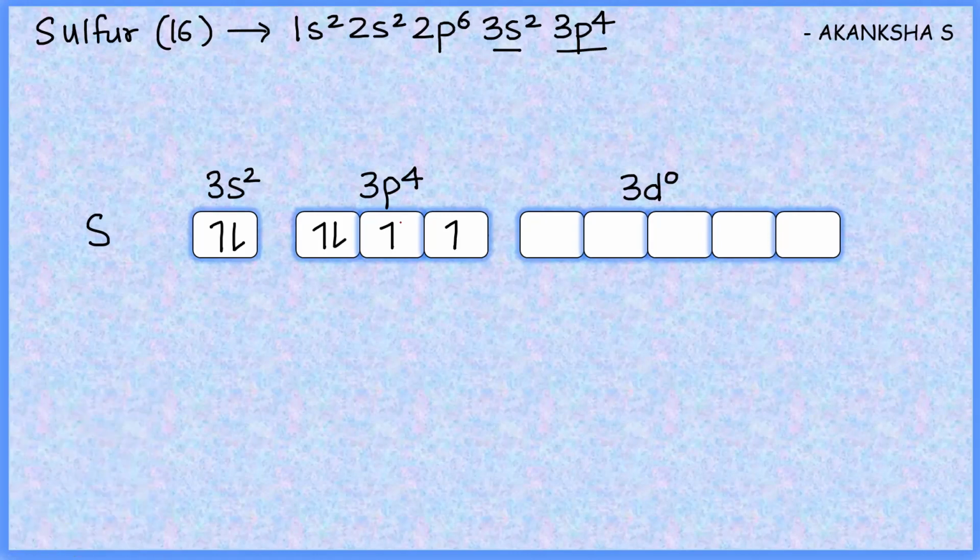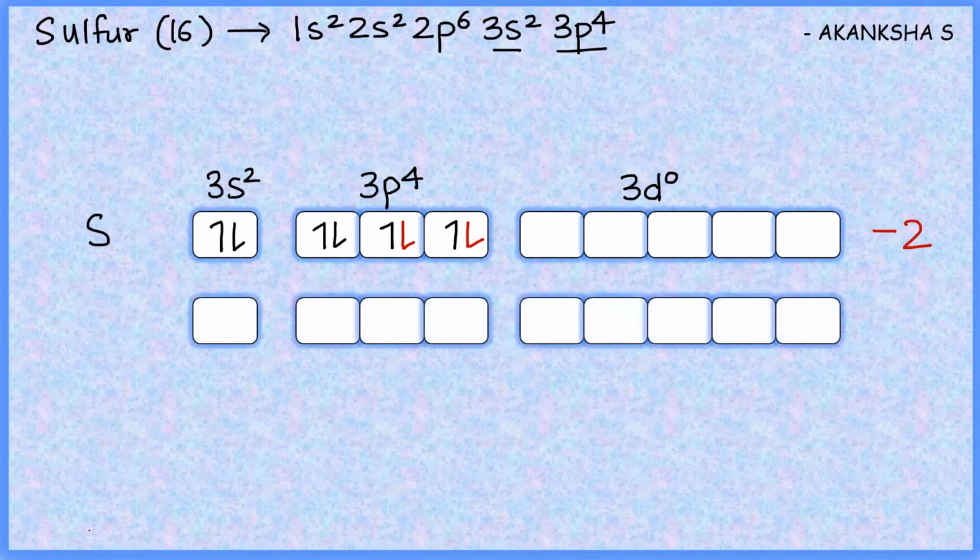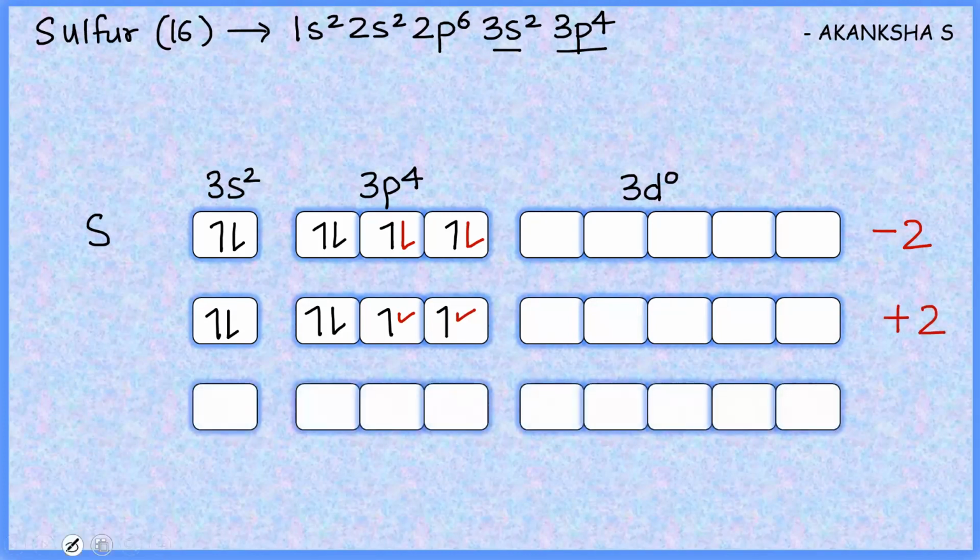What if we gain electrons? If we gain 2 electrons, the charge becomes -2. Correct. What if we lose electrons? How many electrons can we lose initially? Initially, there are 2 unpaired electrons. So we can lose these 2 unpaired electrons. It becomes +2.